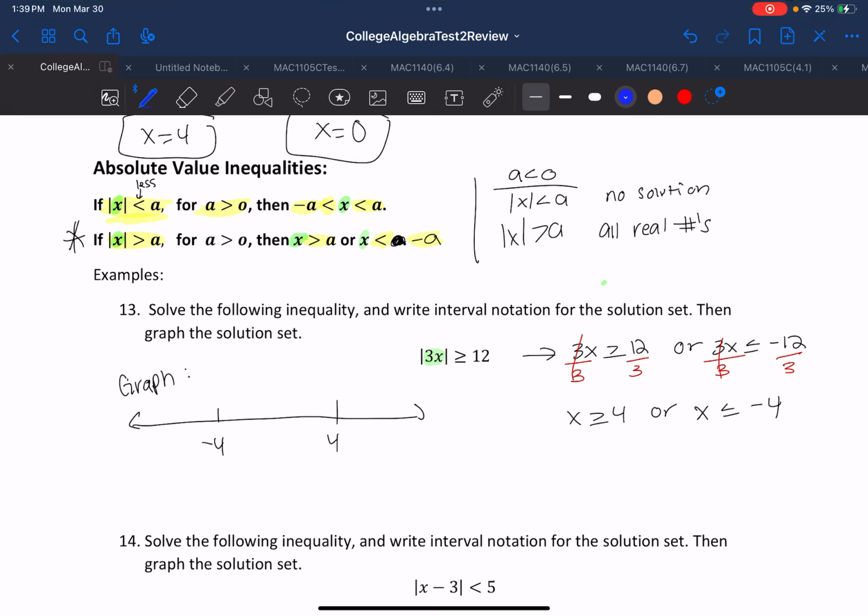And for x is greater than or equal to 4, that would be a bracket and shading it to the right, because that would be everything greater than 4 would be to the right. And for x is less than or equal to negative 4, that would be a straight bracket and shading to the left, because that is everything less than or equal to negative 4.